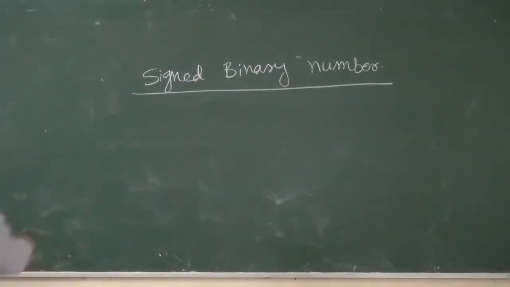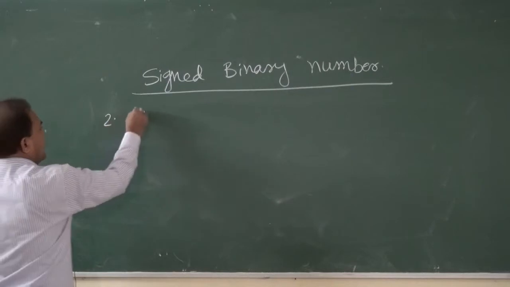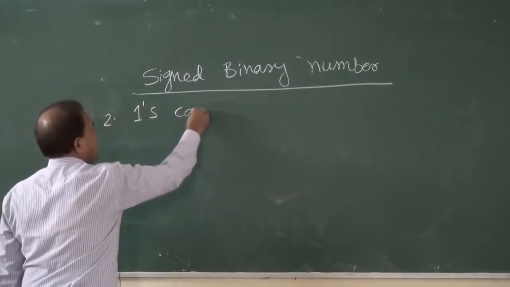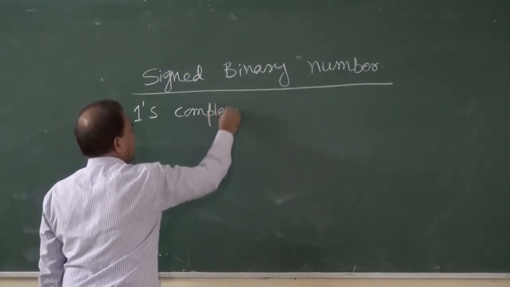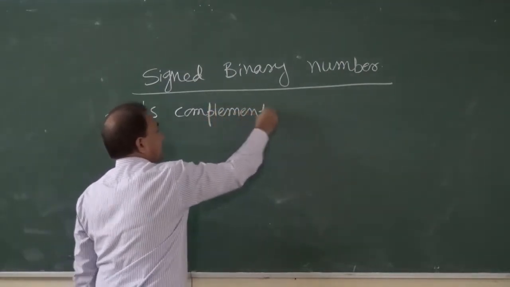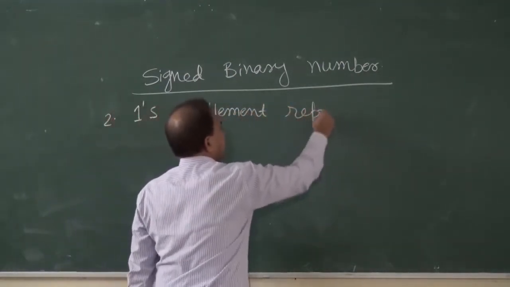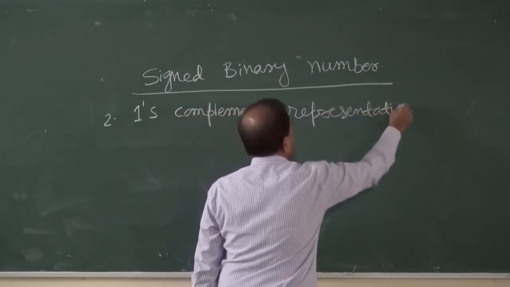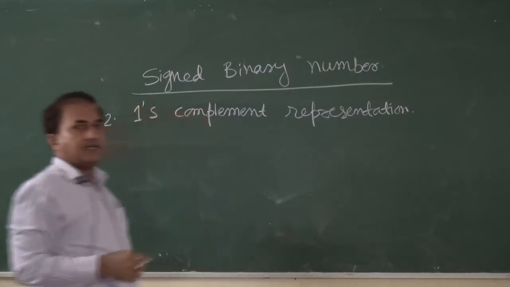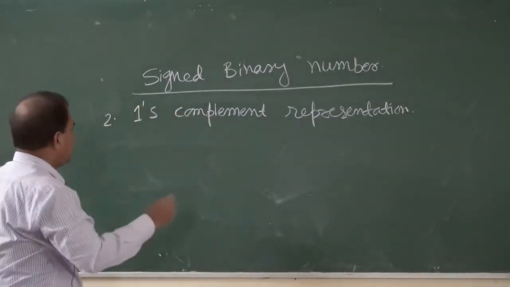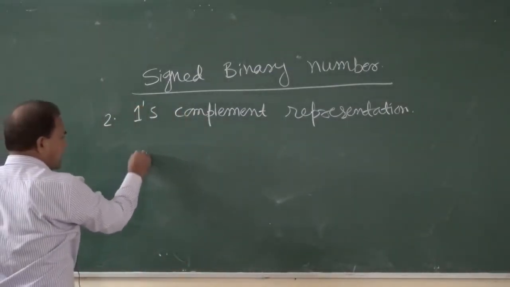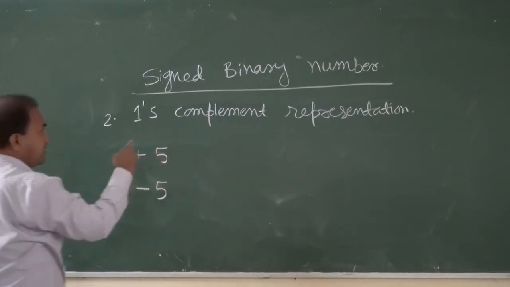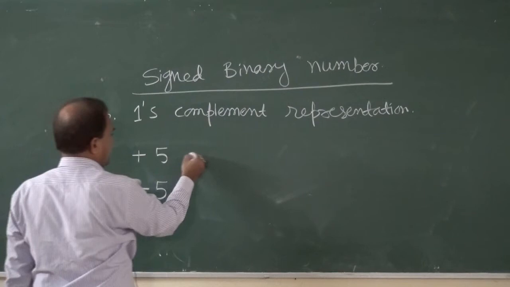Second method is one's complement representation. In one's complement representation, what we have to do, see, suppose plus 5 and minus 5. How we can represent it in one's complement?